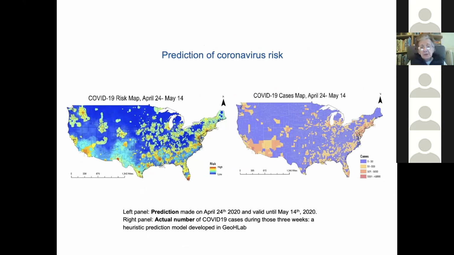And this is, I think, more assimilable graphically, showing the risk map on the left and the actual cholera cases on the right. This is the early April analysis of the COVID that we did applying our model from cholera to COVID. May I have the next slide, please?